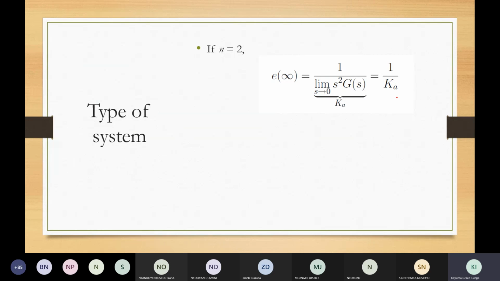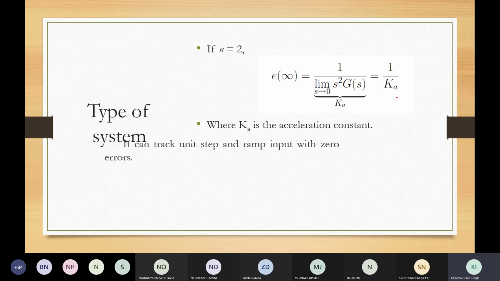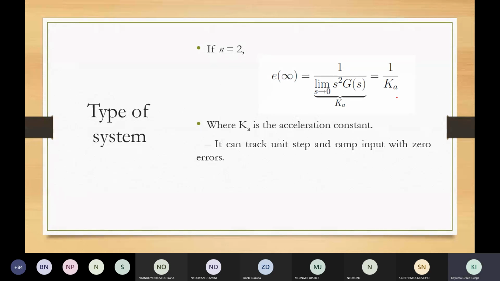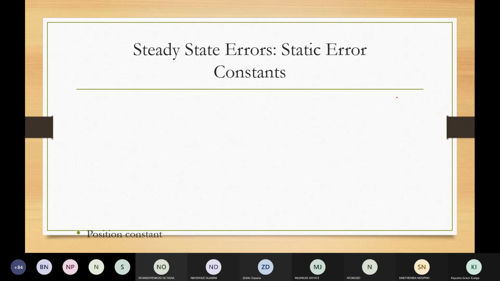With that, when we apply the step, the error is going to be equal to 0, and the ramp also is going to be equal to 0. So the step and the ramp give us 0, but the parabolic gives us a certain value, a certain error which is different to 0.